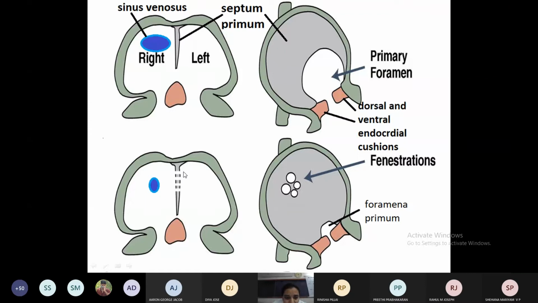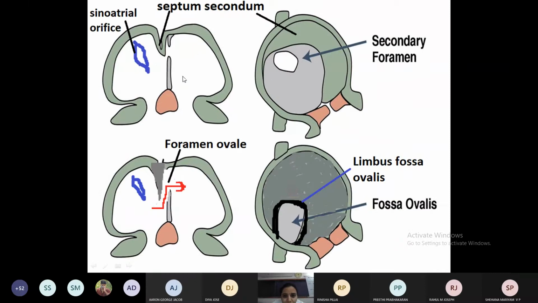Later, as the septum primum approaches the septum intermedium, the cells in the upper part disintegrate and form a secondary foramen. One more foramen is formed, that is called foramen secundum. Then the septum primum gets attached to the septum intermedium, and the cranial part, this foramen secundum, is formed.